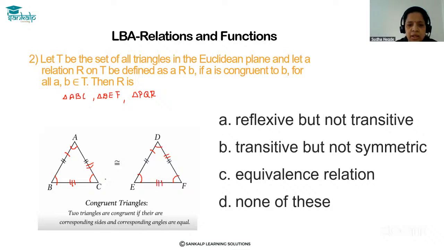Then these two triangles are congruent. Clearly, triangle ABC is congruent to itself. ABC is congruent to triangle ABC. This implies R is reflexive.